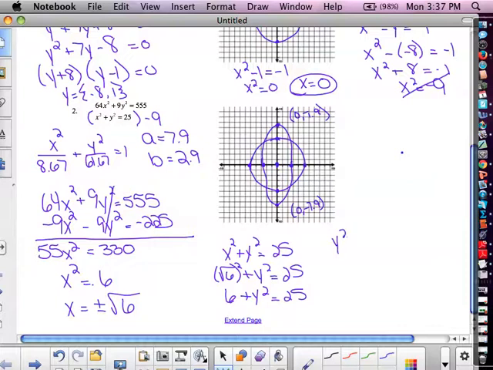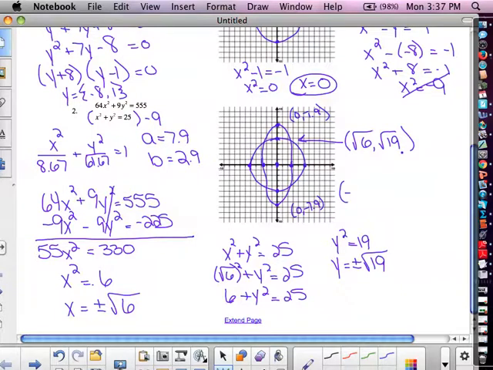So y squared equals 19. So y equals plus or minus the square root of 19. And of course, if I substituted in a negative square root of 6, I would get the same answer because when I square that negative, it becomes positive. So that means I have the following solutions: the square root of 6 and the square root of 19, which would be here.